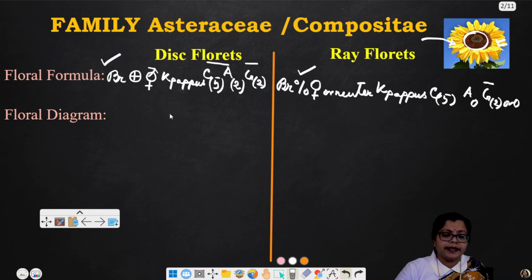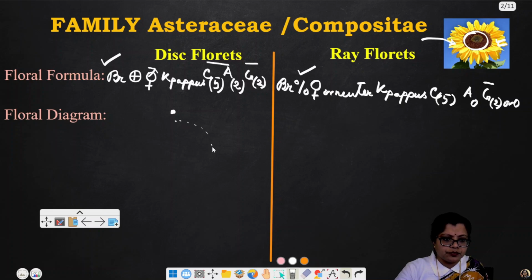For the floral diagram, we have to consider from the periphery towards the center, that we have to draw. So first, for the disc floret, this white color represents the floral axis. On the basis of this floral axis, we are going to draw all the whorls.